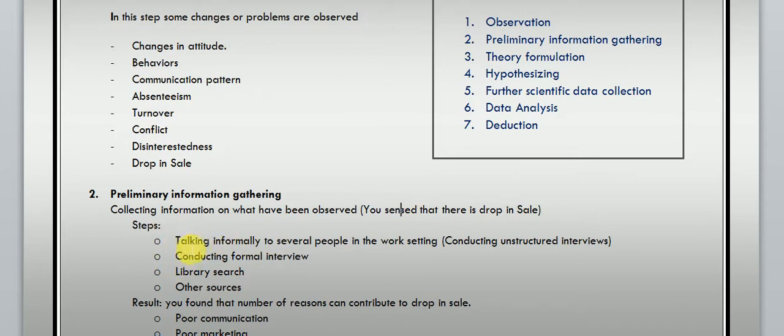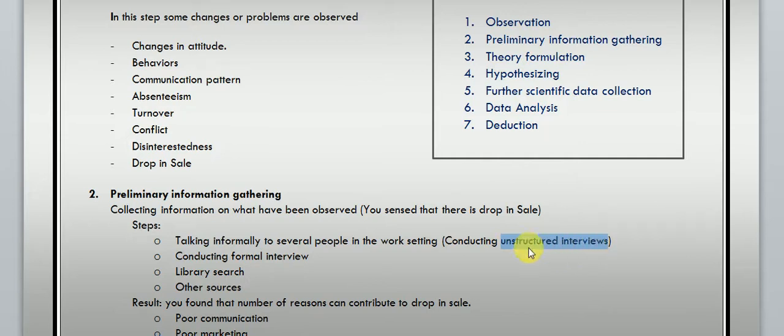In order to know why there is a drop in sales, you have to go through some steps. The first is talking informally to several people in the work setting. For example, all those individuals who are linked one way or another with sales, like sales personnel or the sales manager, you talk to them informally and ask them questions using an unstructured, free interview.